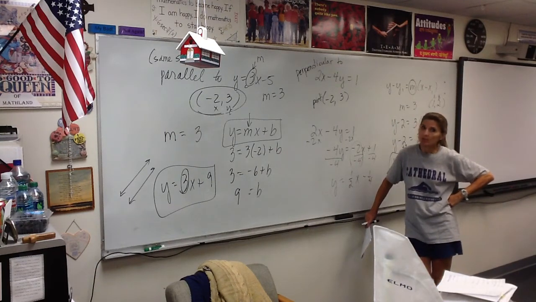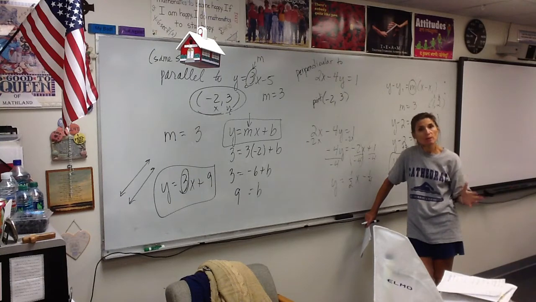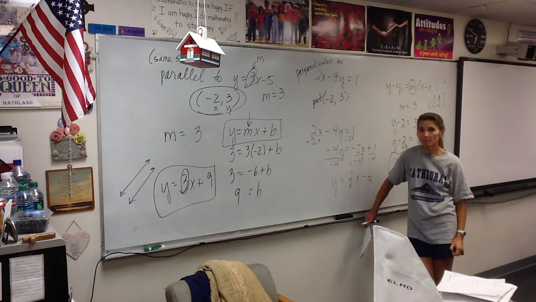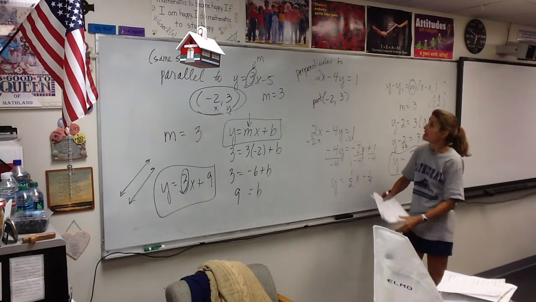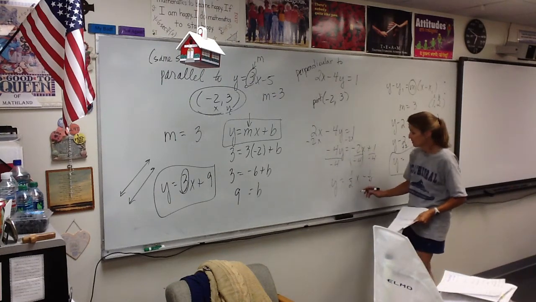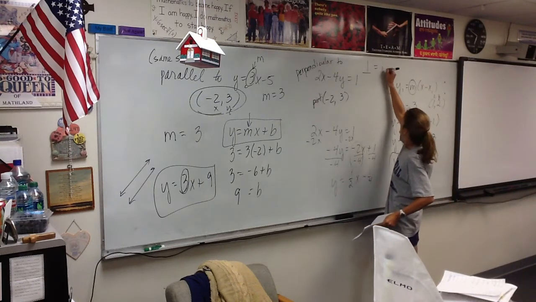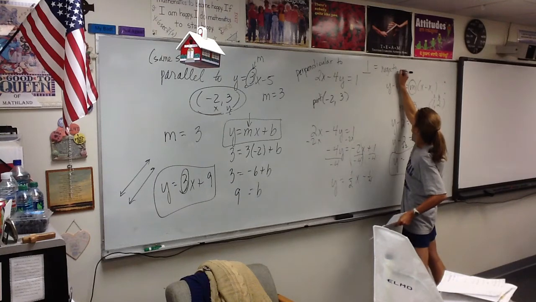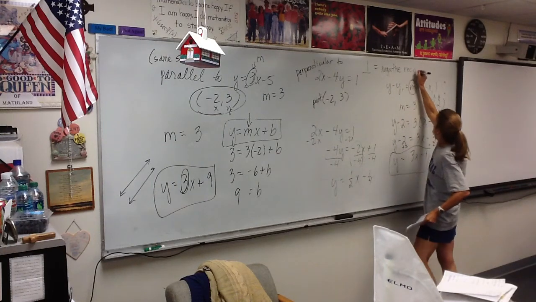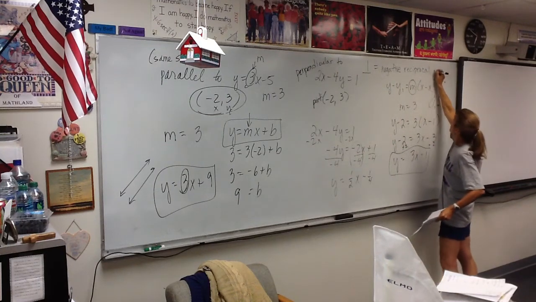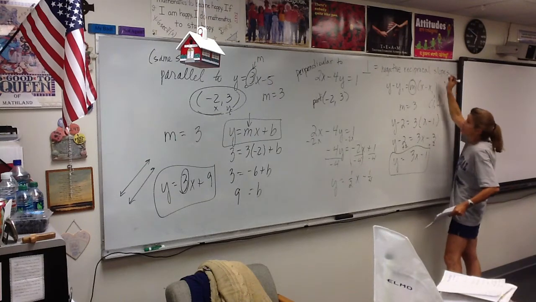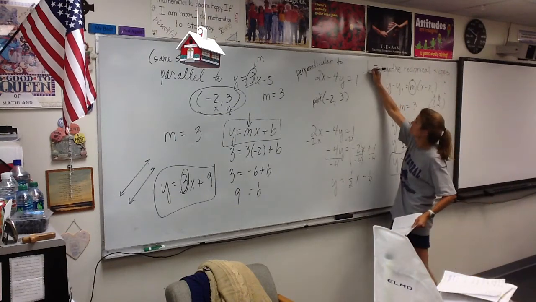And last year, Mr. Thompson and Mr. Miller told you what to do to get a perpendicular slope. Do you remember? I hope you remember that perpendicular lines have negative reciprocal slopes. This is the symbol for perpendicular, by the way.